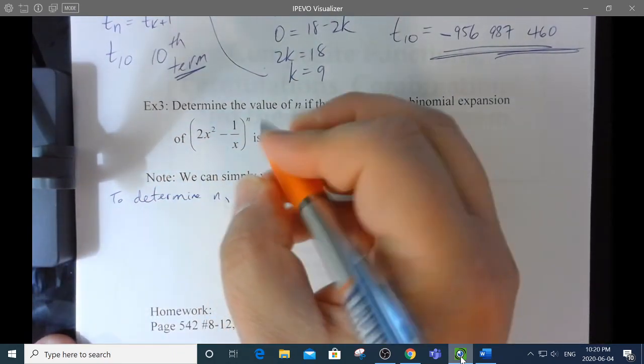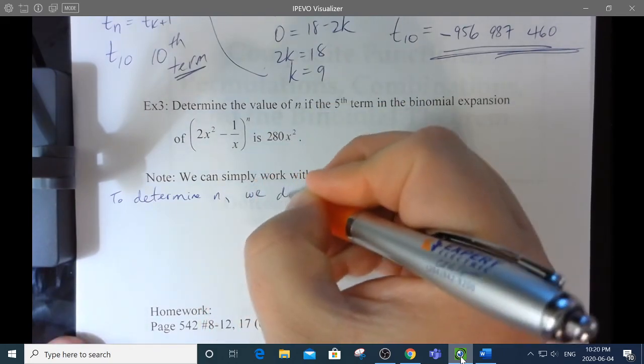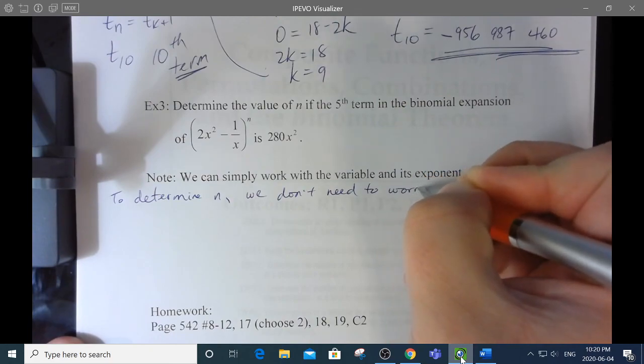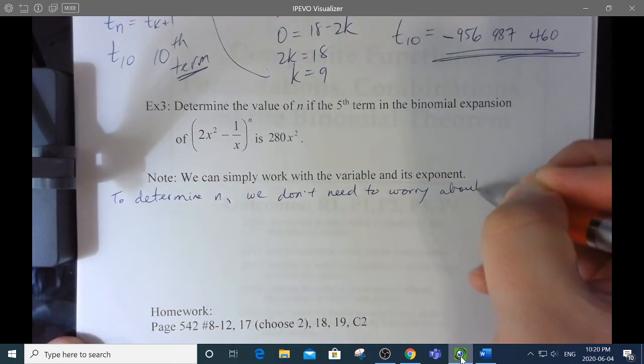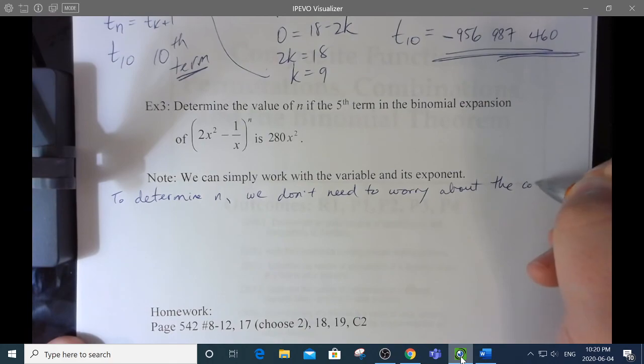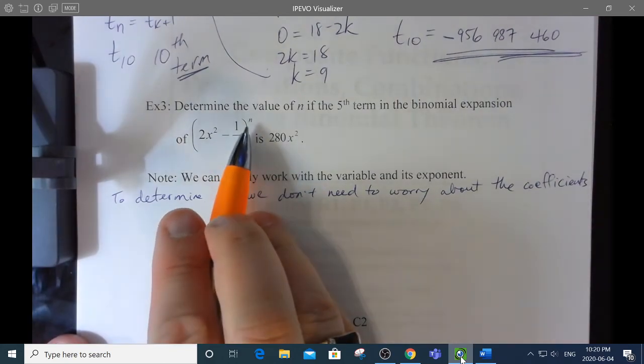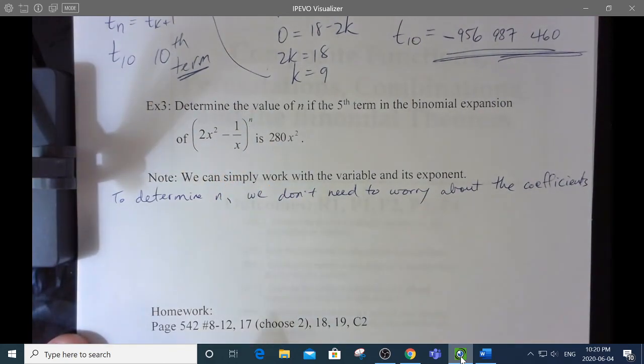Okay, so once again, to determine n, we don't need to worry about the coefficients. Why not? Because they don't really have anything to do with how this power behaves when it comes to the variable.